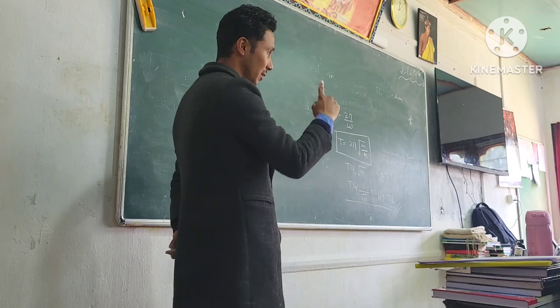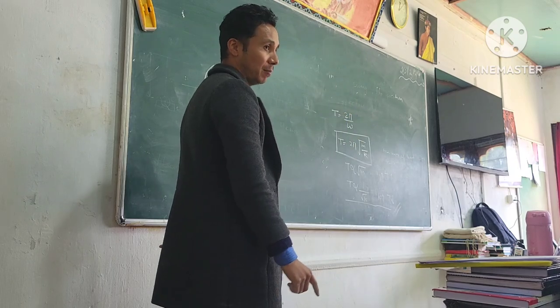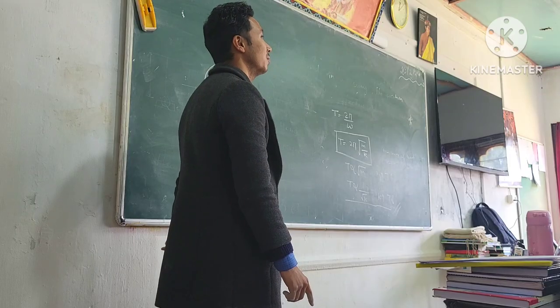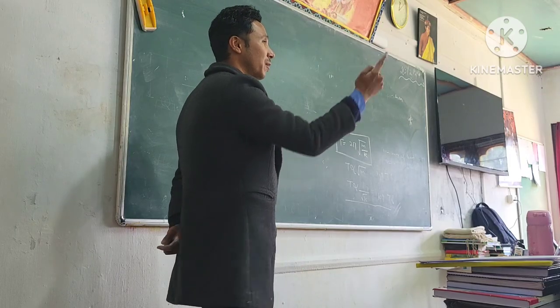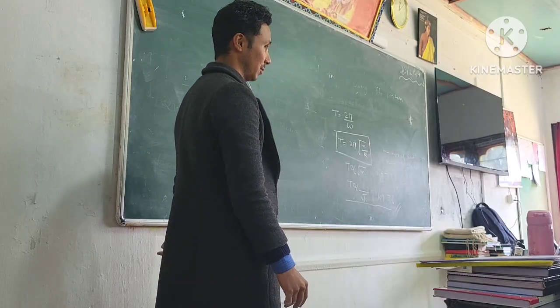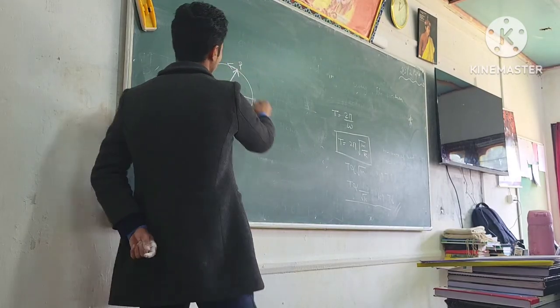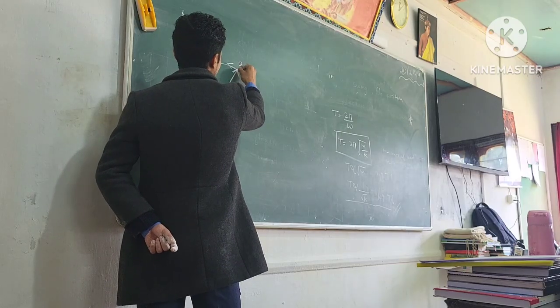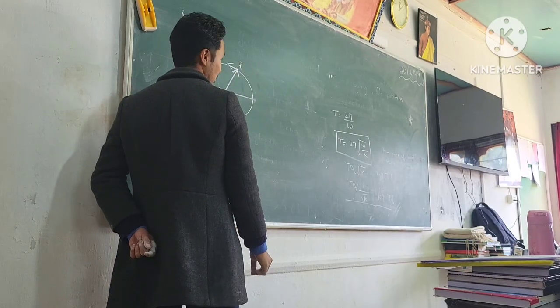On the first day I told you there is a difference between uniform circular motion and simple harmonic motion, but here we can show the similarity. This is the position of the particle at any time. Suppose here the particle is at this position.